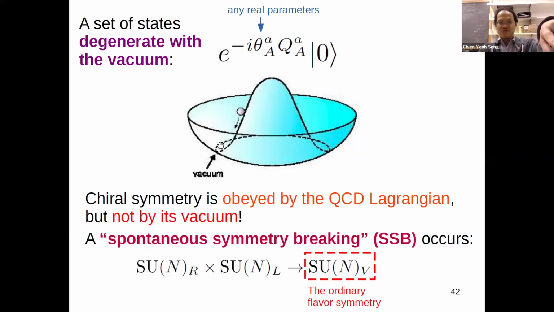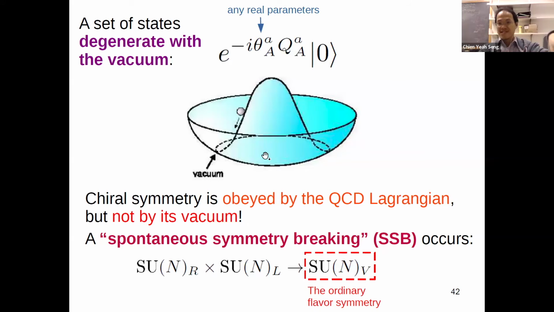But once you choose a vacuum, where vacuum here refers to the state of lowest energy, then you stand from here, look around, and find that you don't have a rotational symmetry anymore because you have chosen a particular direction. And the fact is that there is a set of degenerate vacua, because as you walk around this circle, you find that all the positions around this circle have the same energy.